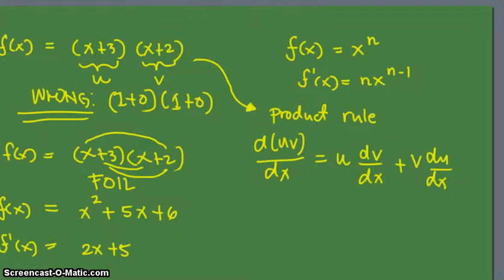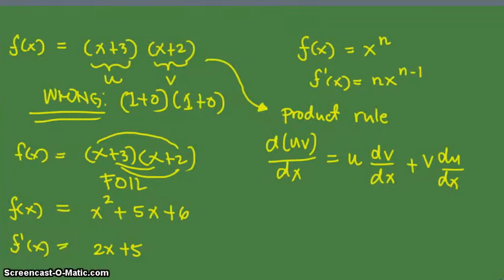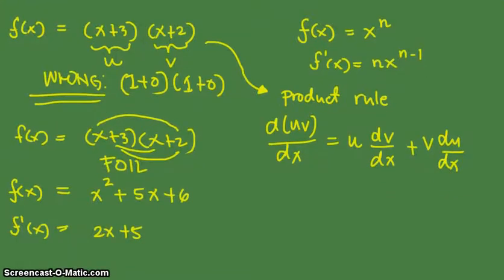So do not be afraid of the formula, because once I present to you how we can get the derivative of the expression, you will find it easy. Okay, so let's use this as an example. Find the derivative of x plus 3 times x plus 2 with respect to x.